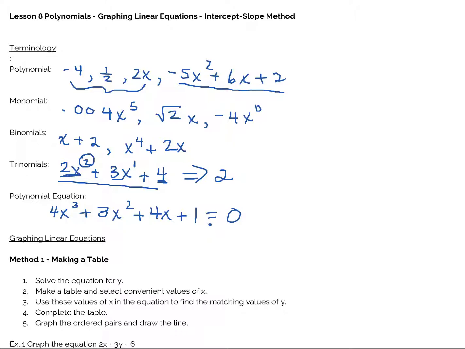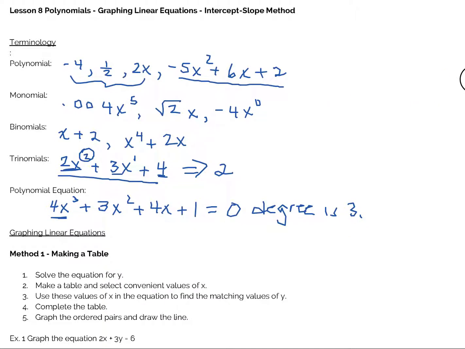That has an equal sign, so it's called a polynomial equation. The degree of this would be the degree of the highest term, which is this one. So the degree of this polynomial equation is 3. Now this is going to come into play when we do some problems and we need to know what the degree of the equation is. So keep that in mind.